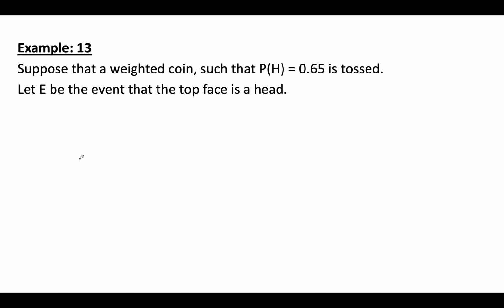So the probability of E is equal to 0.65 and the probability of not E is equal to 1 minus the probability of E, which is equal to 1 minus 0.65, and this is equal to 0.35.